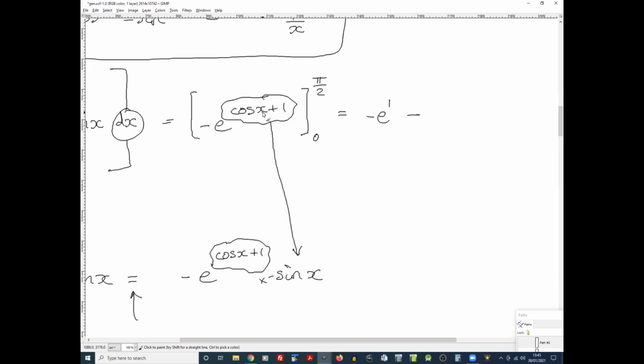Cos of 0 is 1, so 1 plus 1, 2. So minus e to the 2. So we've got minus e to the 2, which of course simplifies to minus e plus e squared, which could be written as e squared take away minus e.